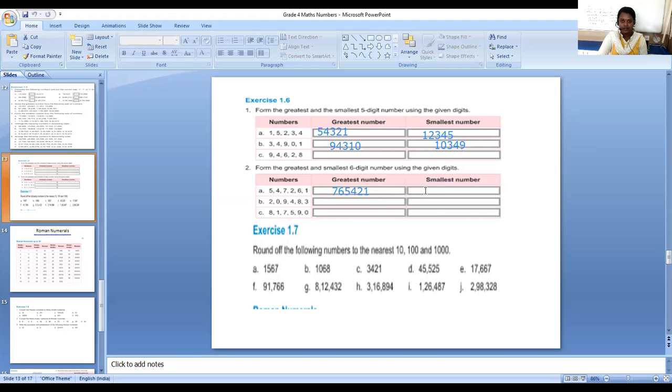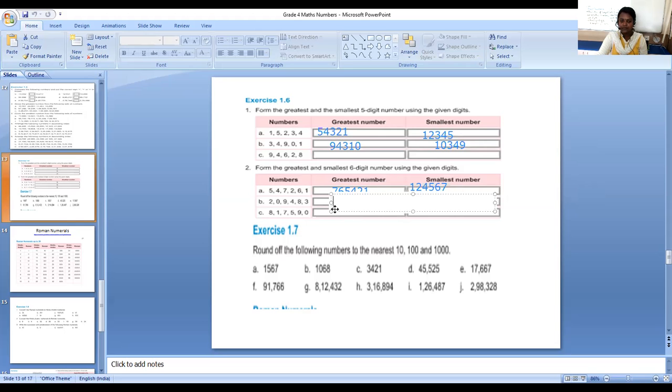Let us try to form the smallest number. That would be 1, followed by 2, 4, 5, 6, 7. So the smallest number formed is 1,24,567.